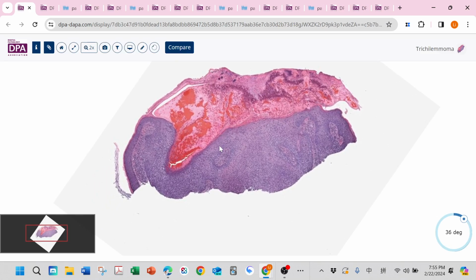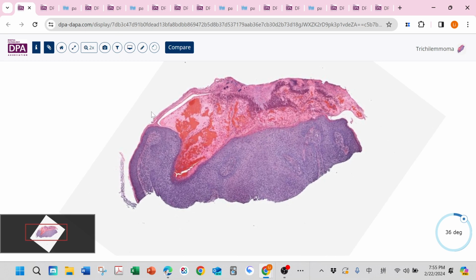This one is a little bit tricky. Even this case here is a little bit traumatized, but in low power we can also appreciate it looks kind of warty. For this one, they just did a transection, so they left a little bit of the trichilemmoma part separate.